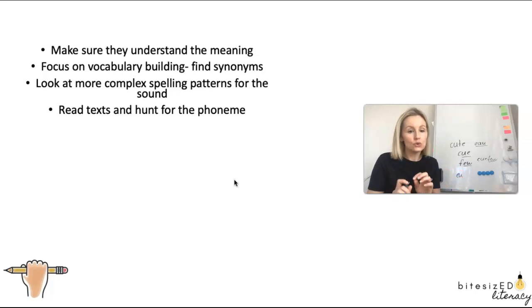It's not oo we're looking for, it's you. So they have to be very critical in their hunt for the words in their own text. That's a really easy activity to set up, whether you're doing it remotely or in the classroom, where they pull out their own reading and they're reading for a particular purpose.